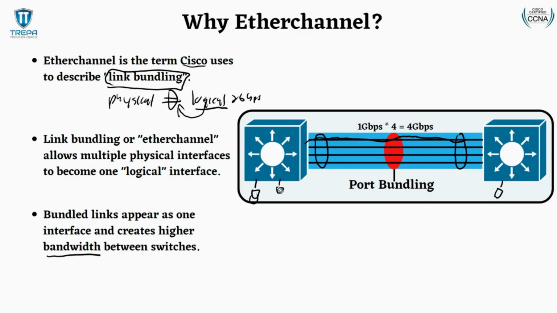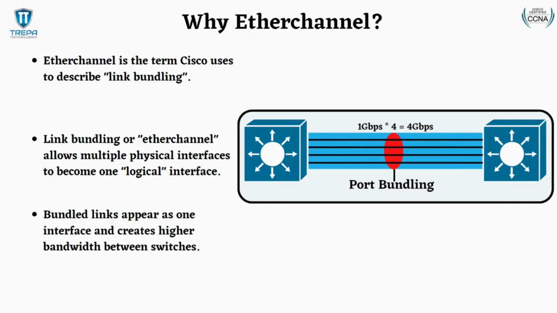Now, this does allow other computers to have their TCP streams on another link, but the throughput of one individual TCP stream is still capped at a gig. However, the bandwidth available to all users and all data traffic would be 4 gigabits in this example. So it's a common misconception that I want people to know: if I have one computer here trying to do file transfers, you ain't gonna get 4 gigs on a singular file transfer.